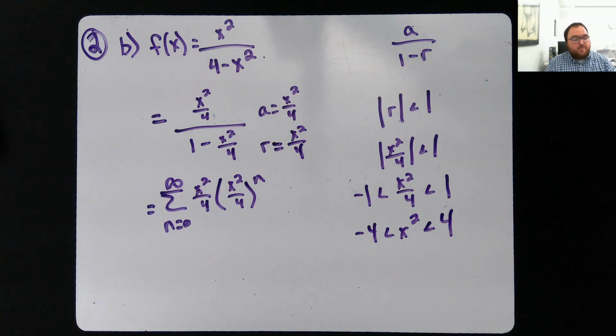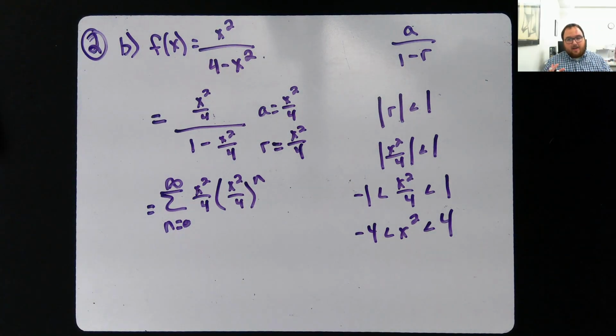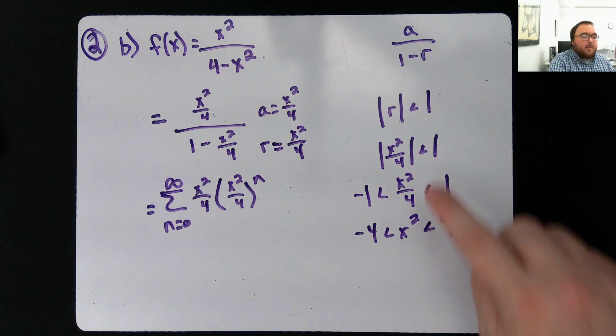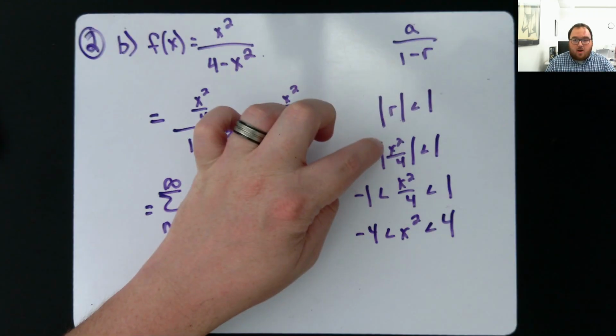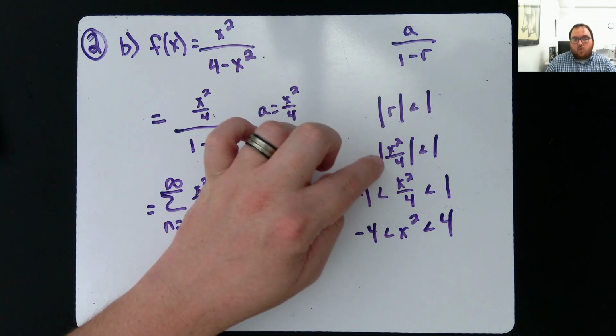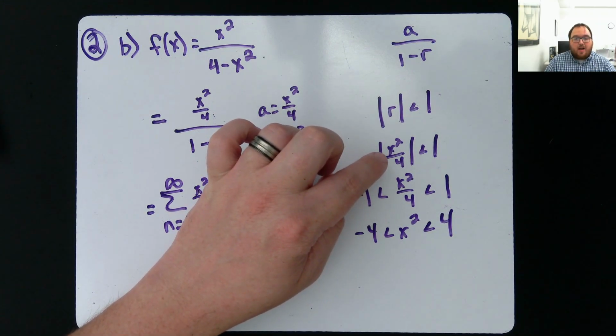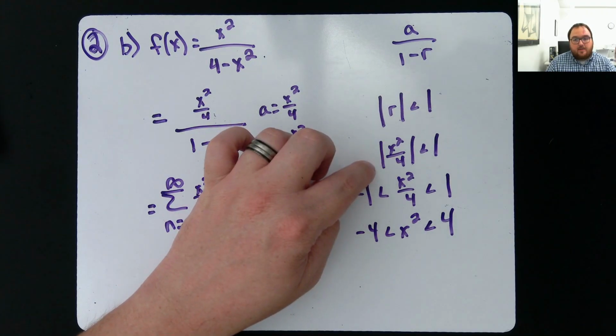Take the square root of it. Anything with the square root, and I'm realizing now the mistake that I made. So bear with me. Absolute value of x squared divided by 4. X squared is always positive. 4 is always positive. So all of this inside is always positive. So I actually could have just removed the absolute value signs.